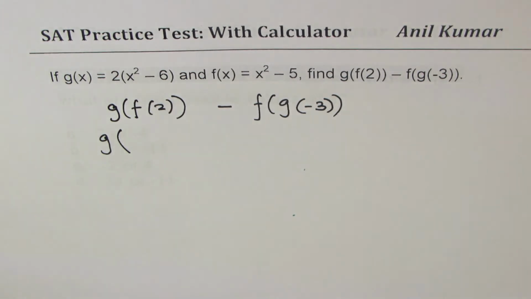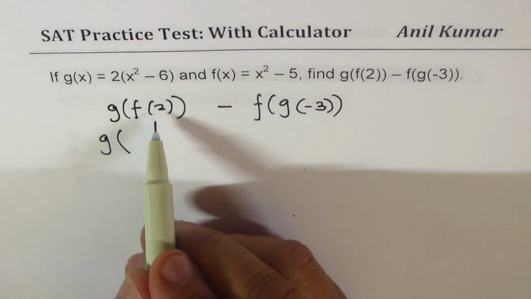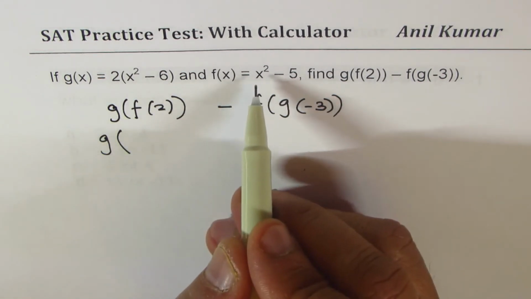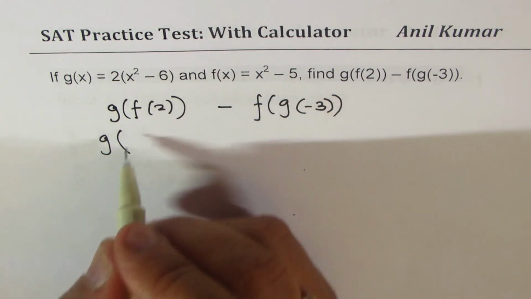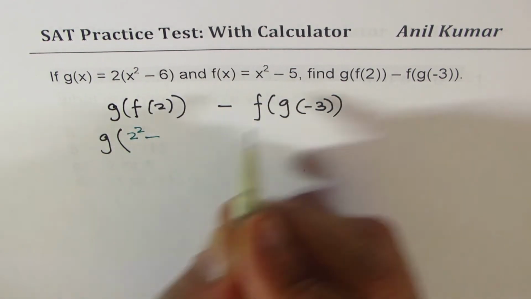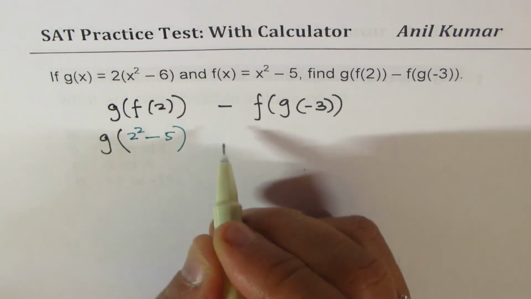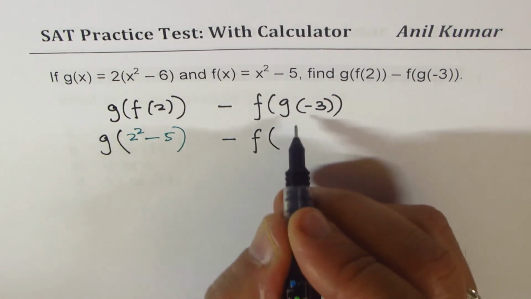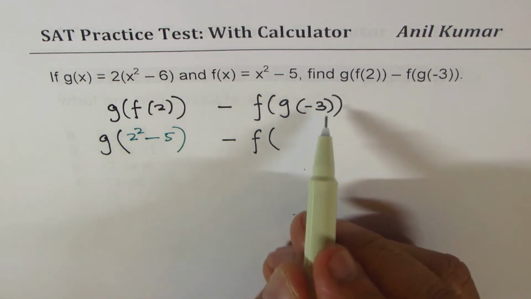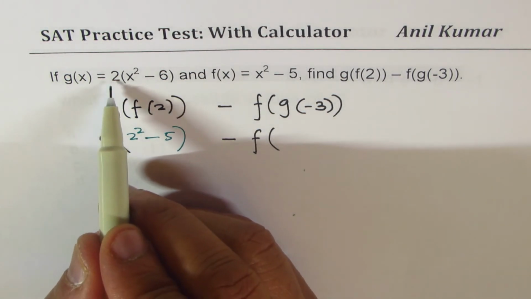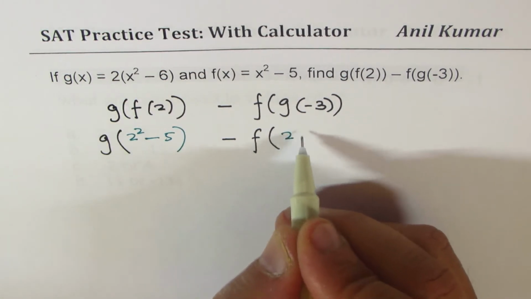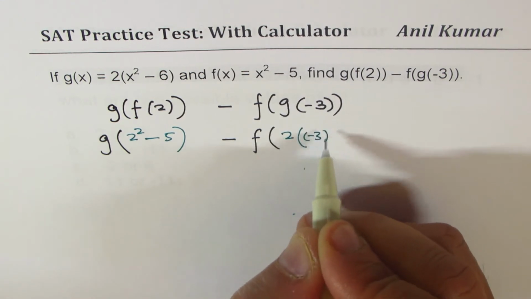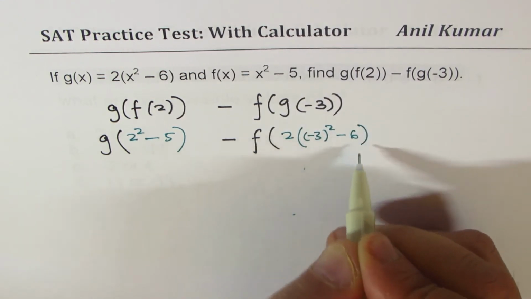So when we say g of f of 2, substitute 2 for x in f. So we get 2 square minus 4, 2 square minus 5, I'm sorry. Now let's do the right side, which is f of g of minus 3. So we'll substitute minus 3 here. Don't forget this 2, okay? So we get 2 times minus 3 square minus 6.